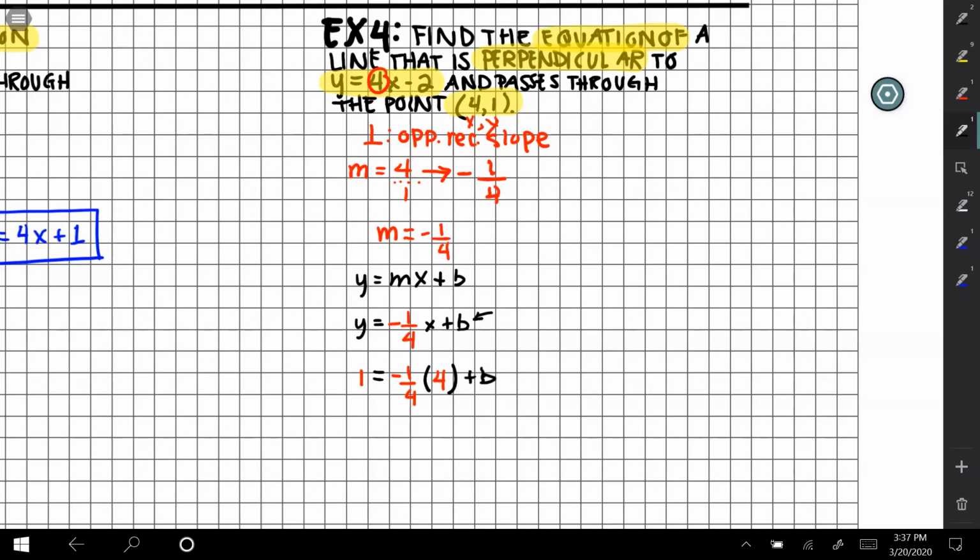Alright, so now I'm going to multiply this out. So I still have 1 equals, so now I have negative 1 times 4 is going to give me negative 4. I'm going to go over 4 because my denominator is going to stay the same, plus b.